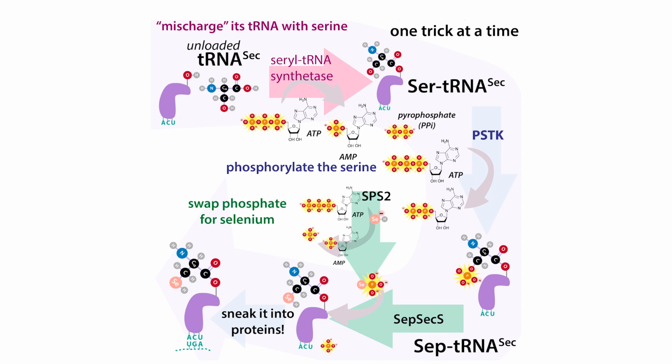Selenophosphate synthetase, SPS2, is going to combine it with ATP to make selenophosphate as needed. So this is a phosphate that's connected to a selenium. It's kind of complicated, but basically now it can get snuck into proteins.